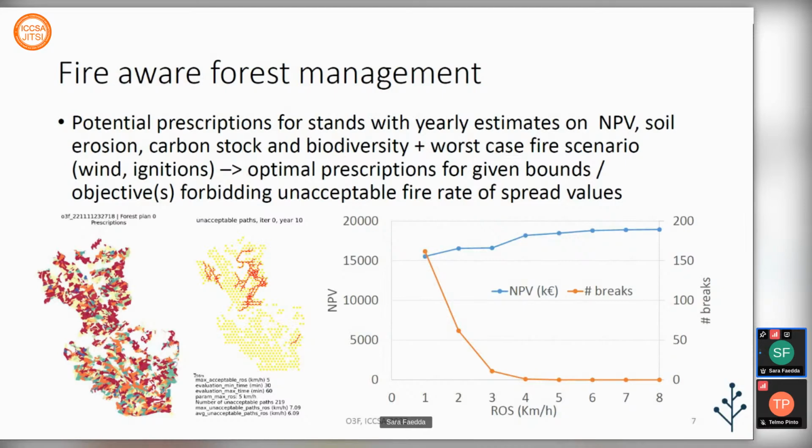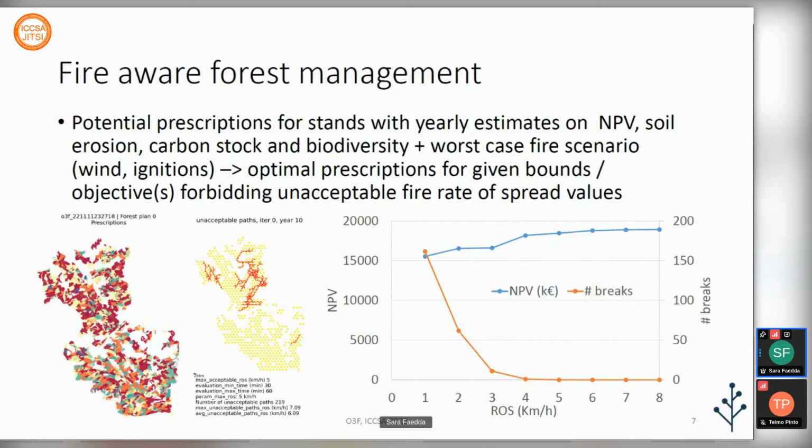Each stand has a set of potential prescriptions, and you want to select one. When you put fire into this, we have to take into account that if I choose to have contiguous stands where fire can spread very quickly, then we will probably have problems in the future.